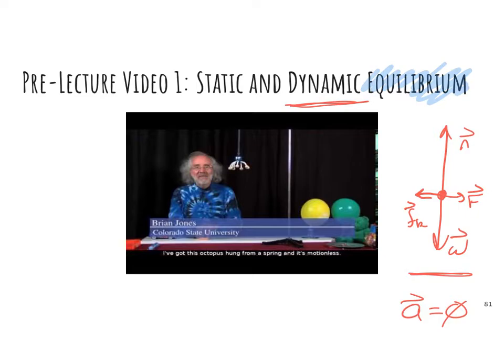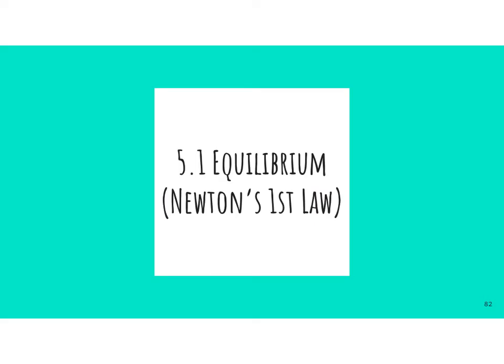But now what would happen if, instead of kinetic friction, let's say that I had static friction. Well, now the forces are balanced and the acceleration is still zero, but the object is not moving. And that brings us to the concept of static equilibrium. Static equilibrium means that the object is stationary.